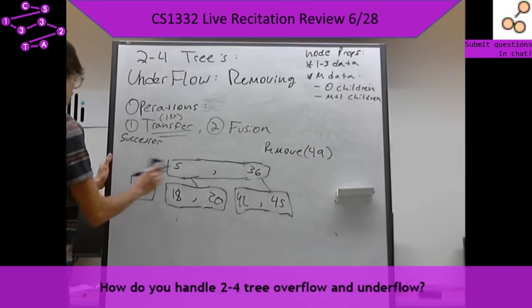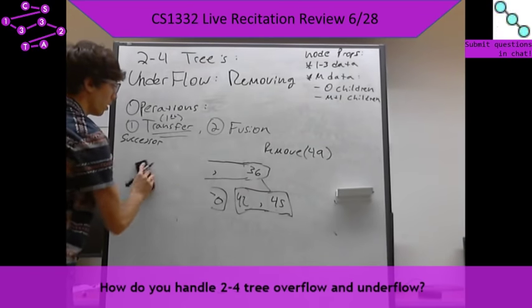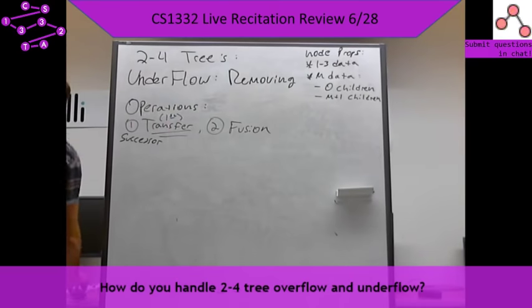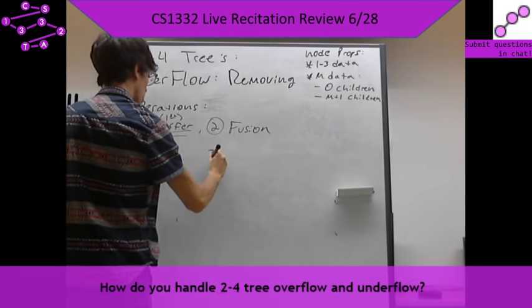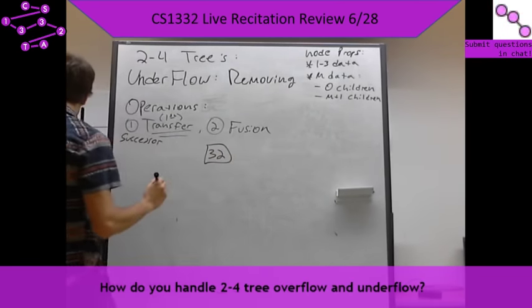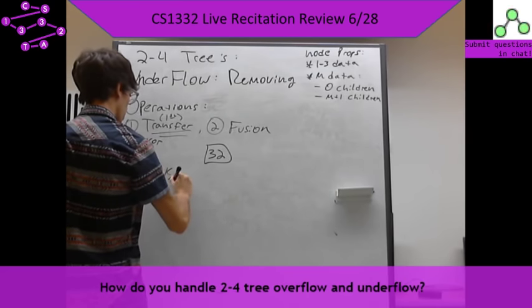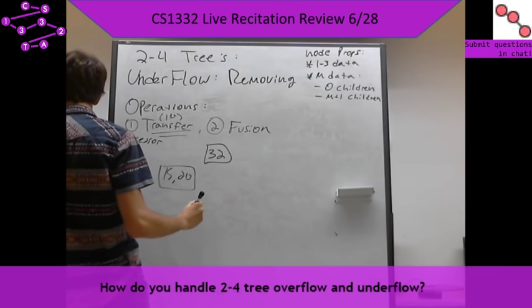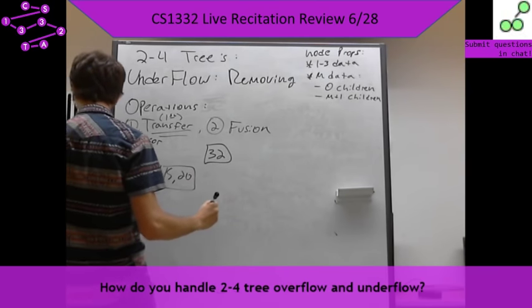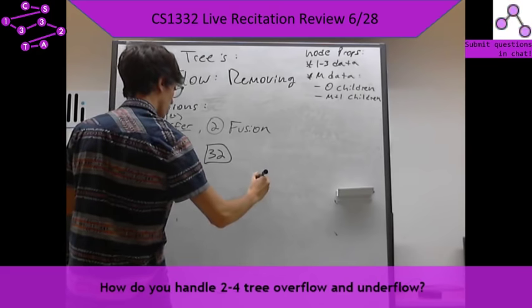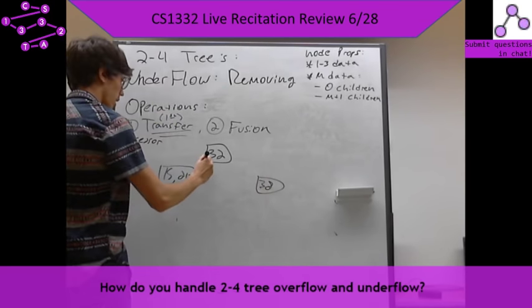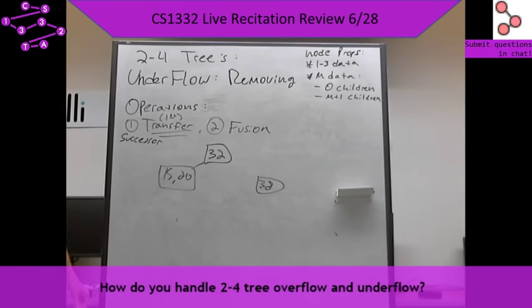So we're going to actually start with a new tree here to completely illustrate this. It's a fusion that propagates underflow upward, and then it will be followed by a transfer to solve it.